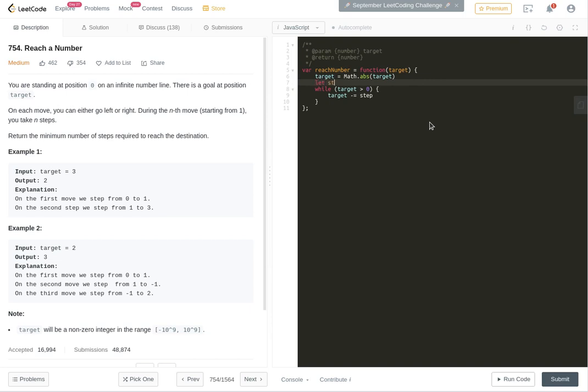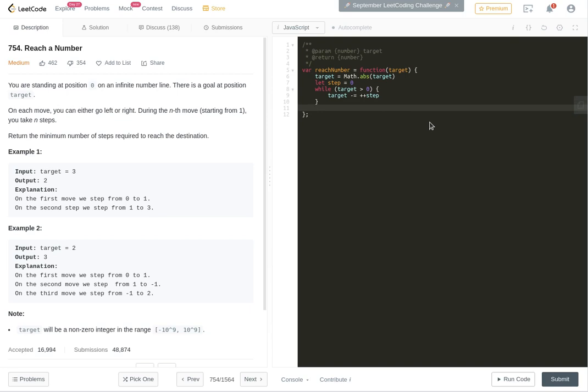So let step equal 0, and then here let's keep incrementing it so it becomes 1, then 2, then 3, and we keep subtracting it from target. So when we break out of the while loop, we have taken that many steps to get to target.